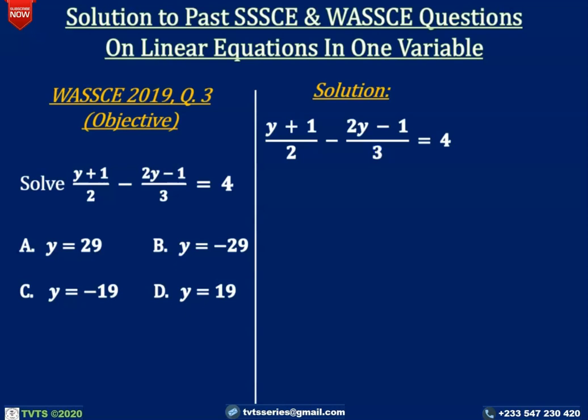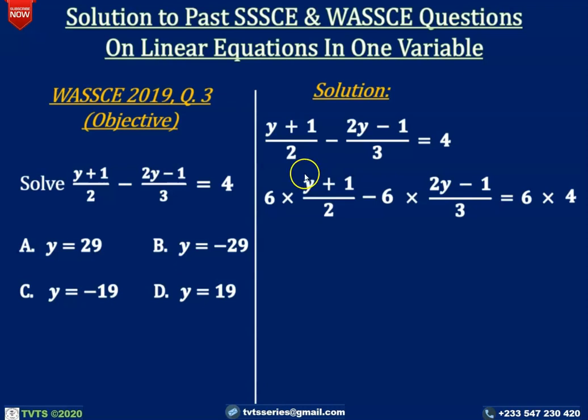So we have 6 times y plus 1 all over 2 minus 6 times 2y minus 1 all over 3 is equal to 6 times 4. To be on the safe side, let's put these two binomial expressions in bracket.